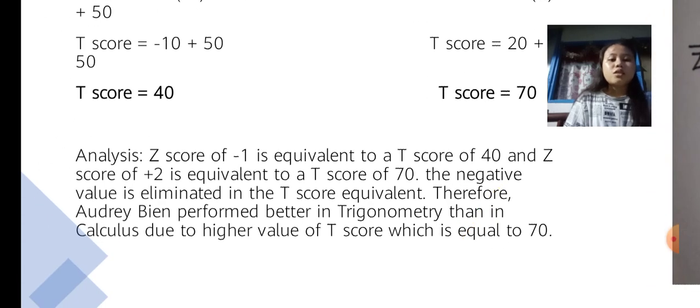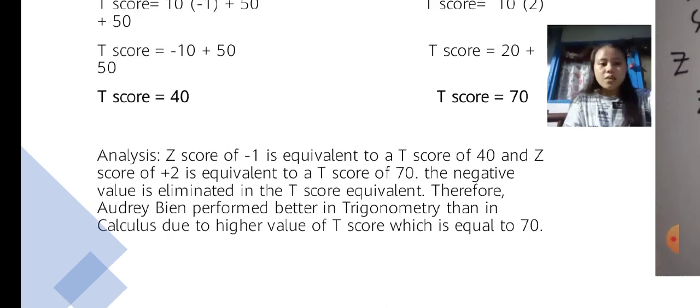So the interpretation or the analysis: a z-score of negative 1 is equivalent to a t-score of 40, and a z-score of positive 2 is equivalent to a t-score of 70. The negative value is eliminated in the t-score equivalent. Therefore, Audrebian performed better in trigonometry than in calculus due to a higher t-score, which is 70.